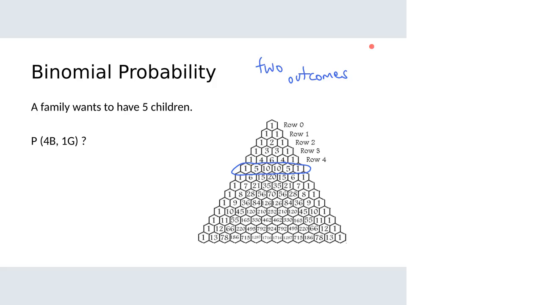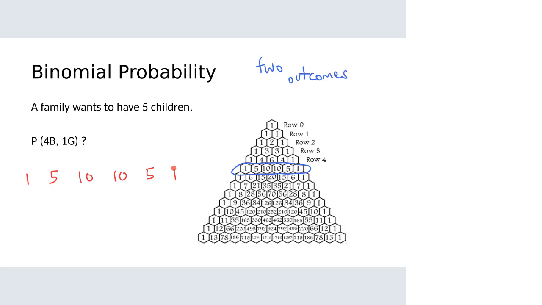You'll see those labels over there, row 1, row 2, row 3, row 4, row 5. So the first number that's not a 1 will let you know which row you're in. And so here we're looking at row 5, and the numbers in there are 1, 5, 10, 10, 5, 1.